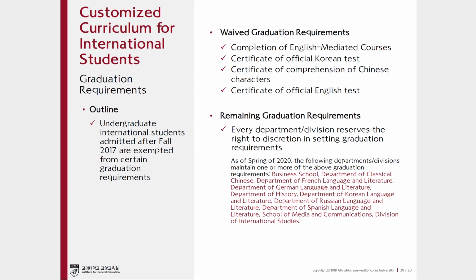Undergraduate students admitted to Korea University's Seoul campus from fall 2017 and onwards are exempted from several graduation requirements, which are completion of English-mediated courses, certificate of official Korean test, certificate of comprehension of Chinese characters, and certificate of official English test. However, it may differ depending on your major, so you must check the curriculum of your own department or division. And especially the 10 departments or divisions written in this slide with red bold letters need to check the curriculum.